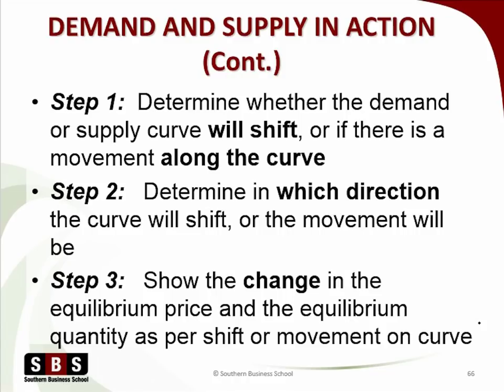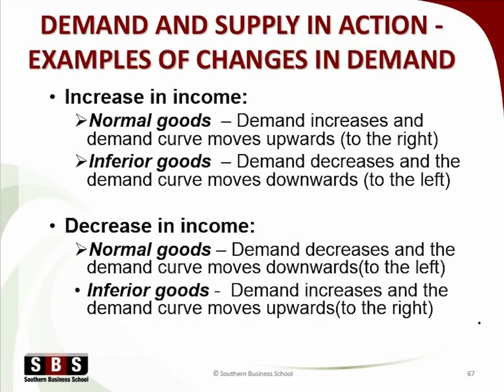Step 2, determine in which direction the curve will shift. And step 3 is show the change in the equilibrium price and the equilibrium quantity as per the shift or the movement that you anticipate. So you're going to have to put that into relation to each other. Now, I'm not going to go on too much about this, but for normal goods, demand increases and the demand curve moves upwards. For inferior goods, the demand decreases and the demand curve moves downwards.